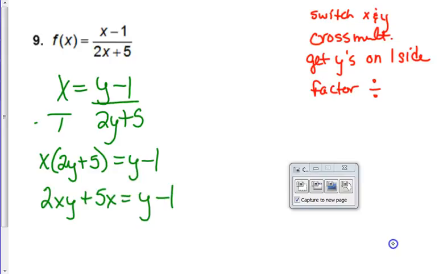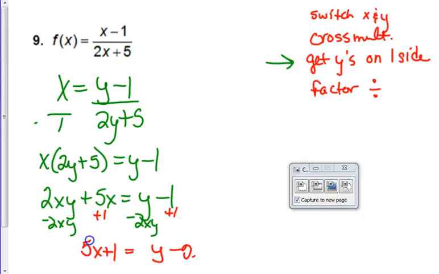Then what? I need the y's on one side, everything else on the other side. So what would that say? You want to subtract this one over to the other side? It doesn't matter which way you go, guys. You'll get a different version, but it means the same thing. And then I'm going to add 1 over here. So I'll have 5x plus 1 equals y minus 2xy.